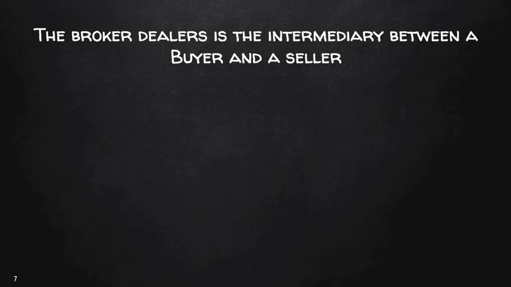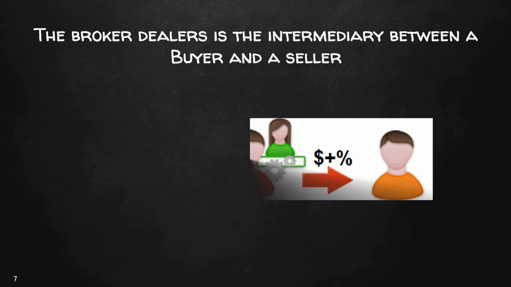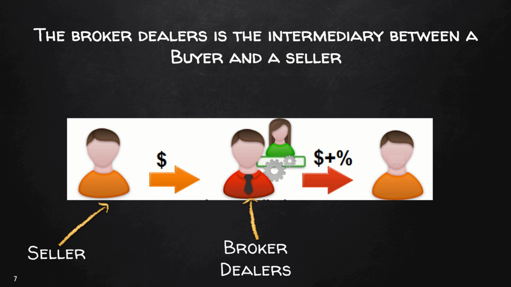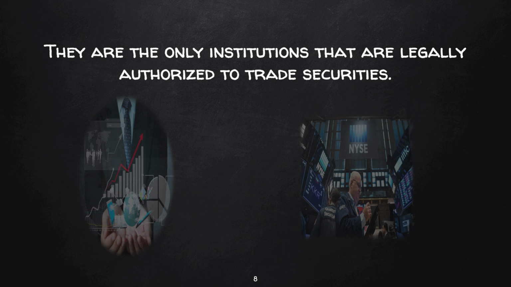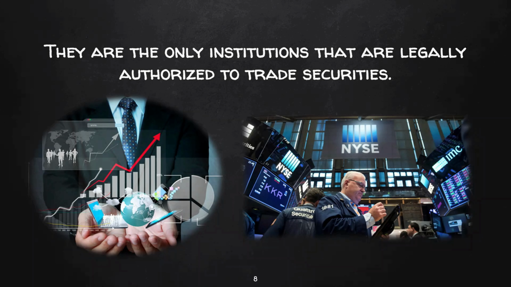The broker-dealer is the intermediary between a buyer and a seller. This is a seller, this is a broker-dealer, this is a buyer. They are the only institutions that are legally authorized to trade securities.